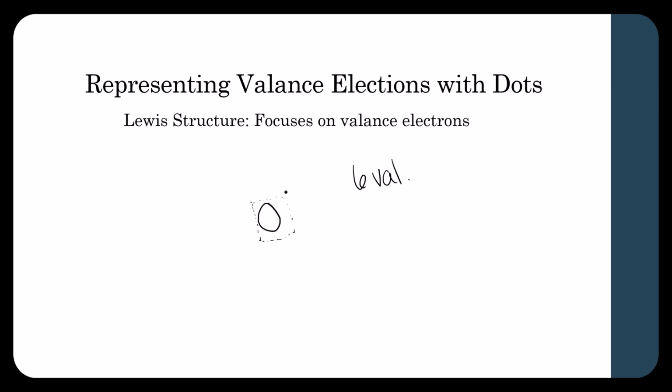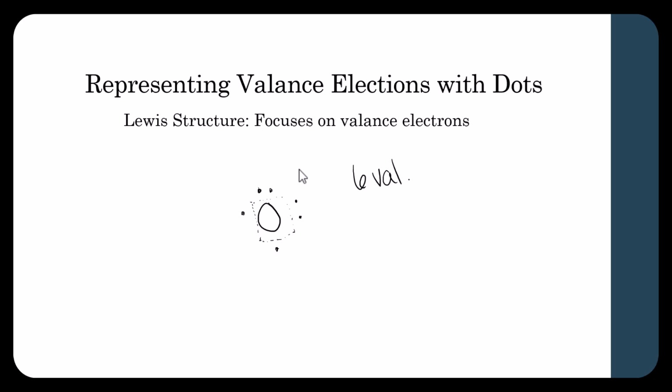So if I were to do the 6 valence electrons for oxygen, I would say 1, 2, 3, 4, 5, 6, done. All right, so here's the Lewis structure for oxygen.